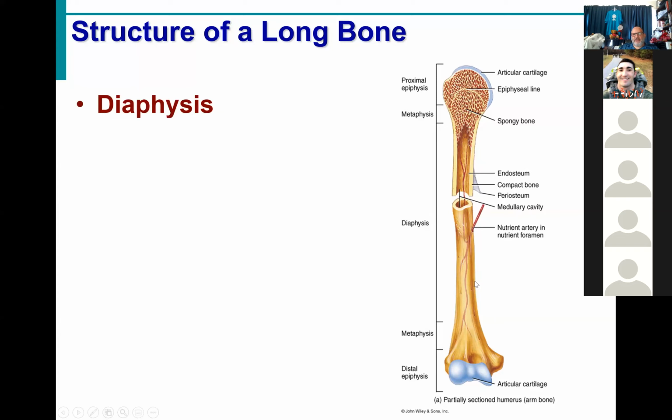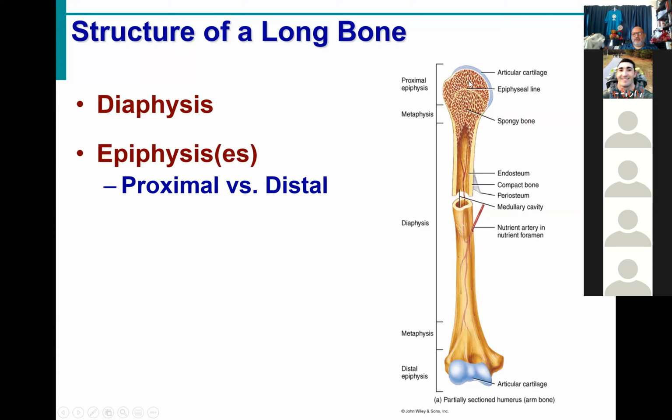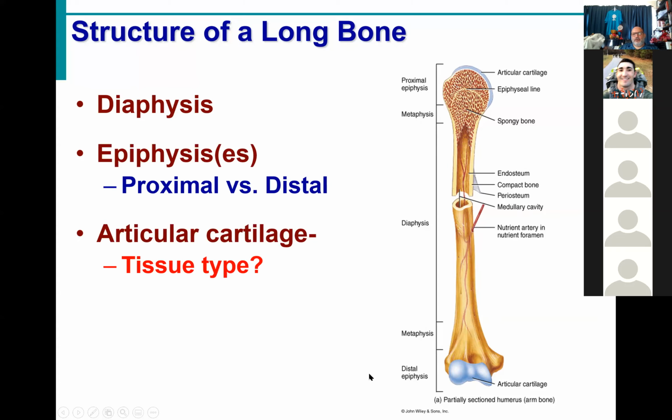Again, as we talked about, the shaft region is the diaphysis. We have the two epiphyses that we distinguish as being proximal, closest to the core of the body, and distal, further from the core of the body. Notice we have that articular cartilage on the outer surfaces. And what type of cartilage did we say that was? What tissue type is that again? Hyaline cartilage, excellent, perfect.